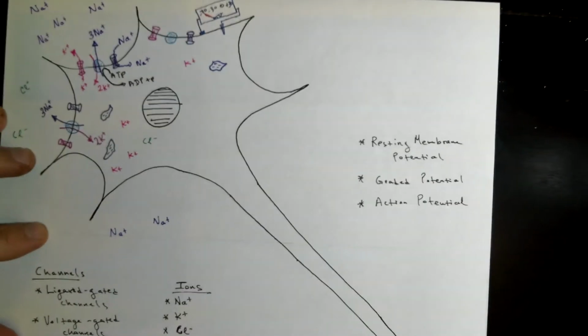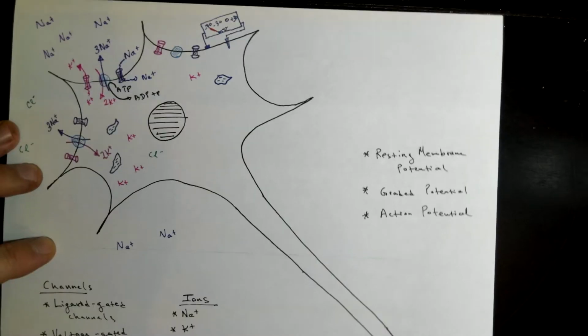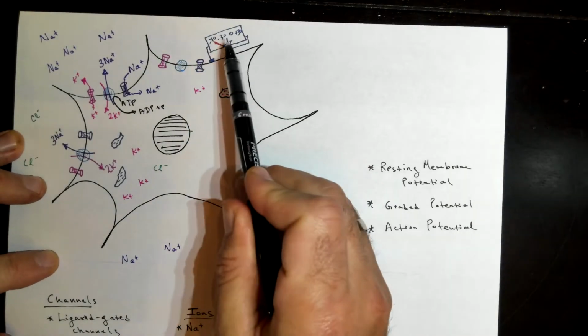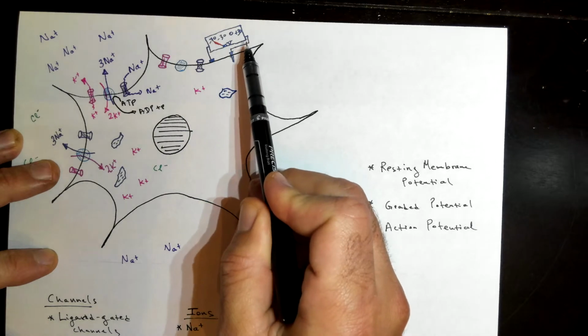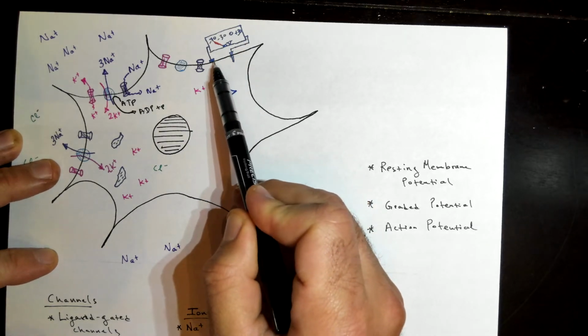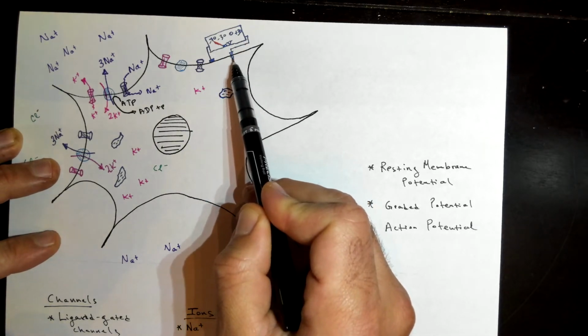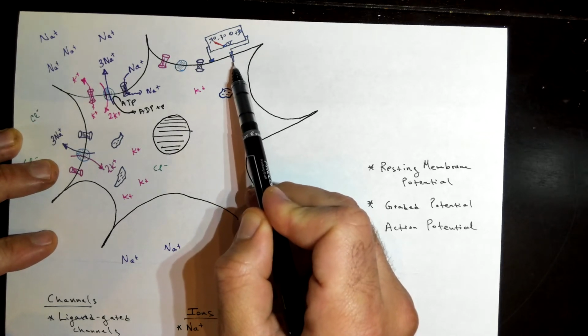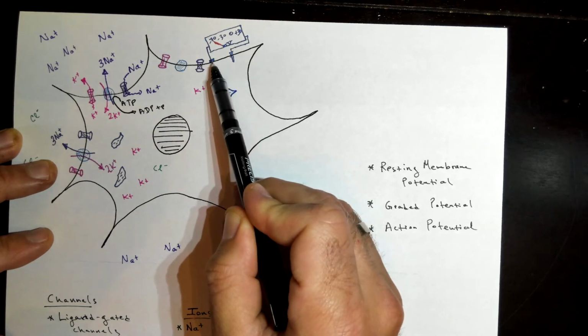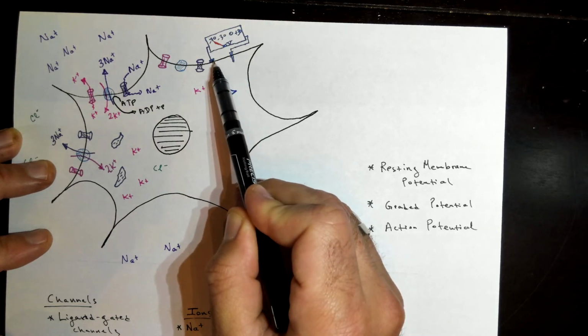The next thing we want to do is look at this device right here. This is a voltmeter. And what it does is that it has a sensor that goes into the cell, which is this pointy one right here. You can see it's going into the cell. And then it has another sensor that stays outside the cell right there.